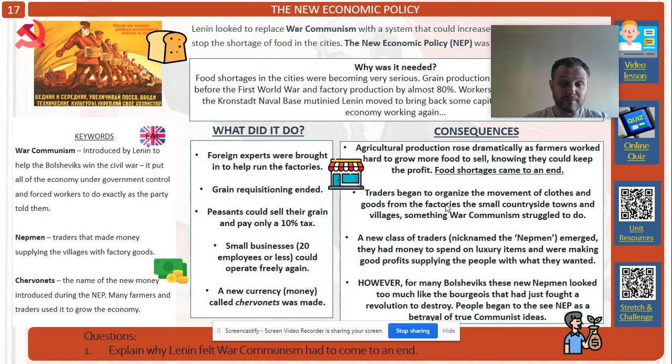But people did start to mutter around the edges that maybe the Bolshevik Party was betraying Bolshevik beliefs by introducing the new economic policy. Like I say, it was out of necessity. They hadn't given up being communist, but it was either be a little bit capitalist or starve to death. And so they chose to be a little bit capitalist and give communism a go later on, which is what they do.